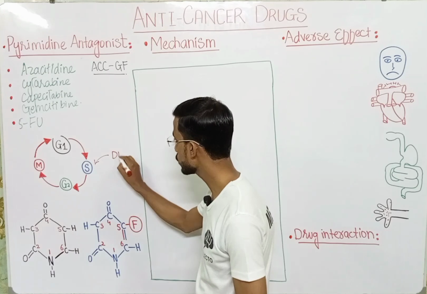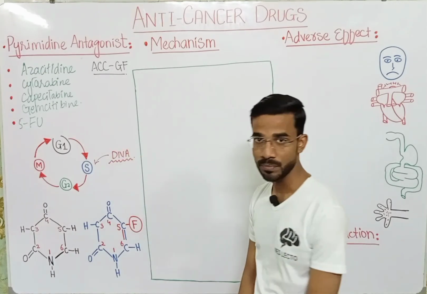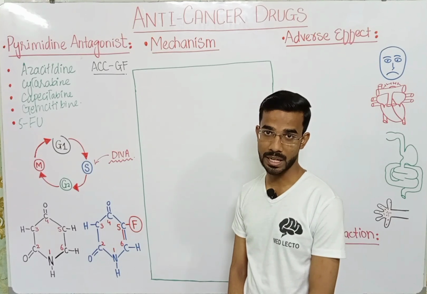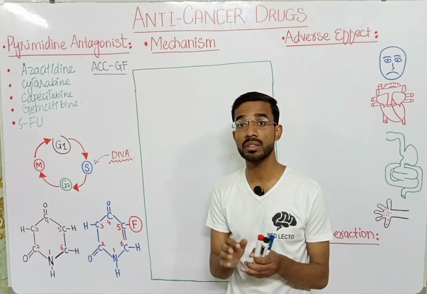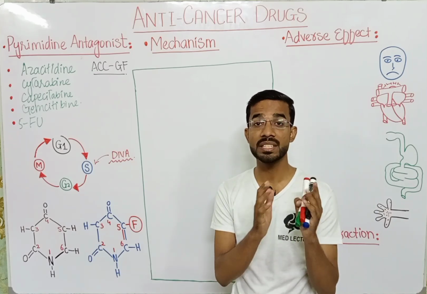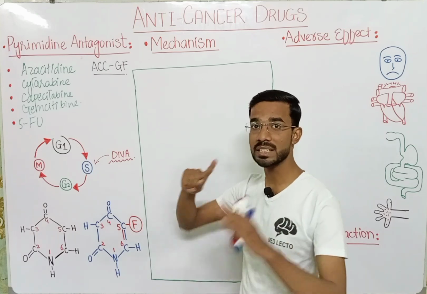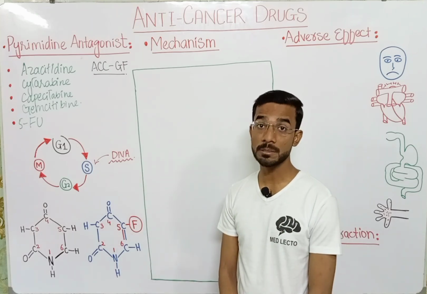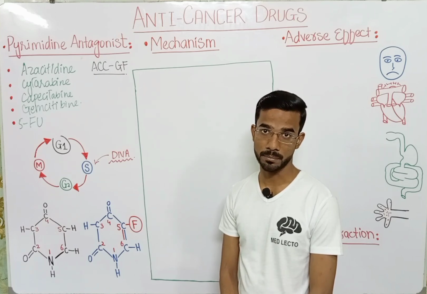DNA is very important in cell division. In cancer, our main focus is on stopping cell division. So if we block the synthesis of the DNA, it means we are blocking the cell division.